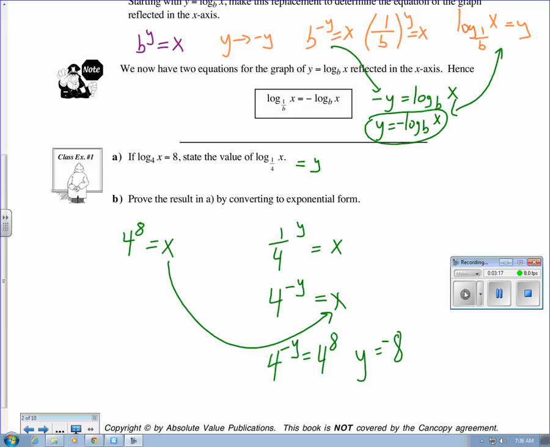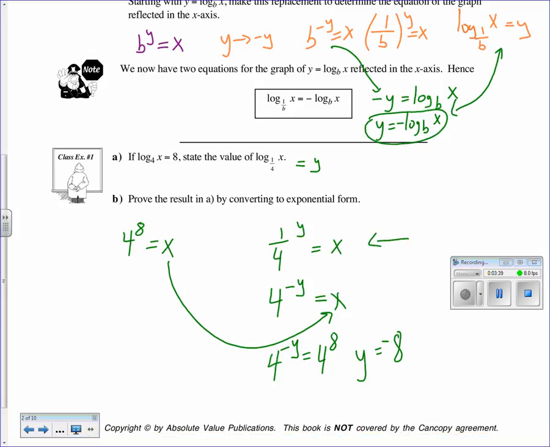So again, playing around with my ability to convert to exponential form. If log base 4 of x is equal to 8, that means 4 to the exponent 8 equals x. How can I evaluate log base 1/4 of x? Convert to exponential form. That's what I did in the first line here.